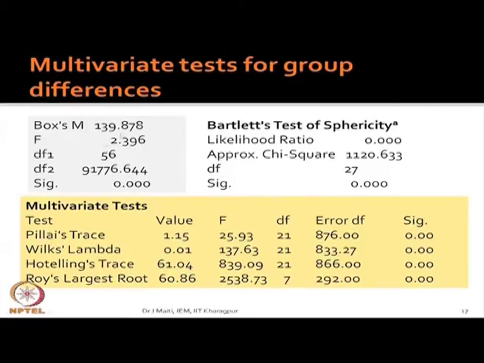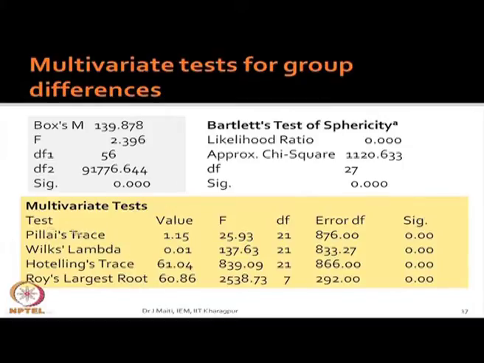Then, for this MANOVA, how did I get these values? I have used SPSS; you can use SPSS, SAS, Minitab, Statistica. There are many software packages, or you can simply use MATLAB and develop a program. Here are Pillai's trace, Wilks' lambda, Hotelling's trace, and Roy's largest root.